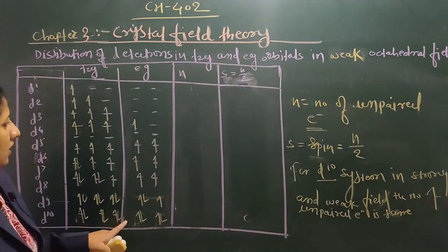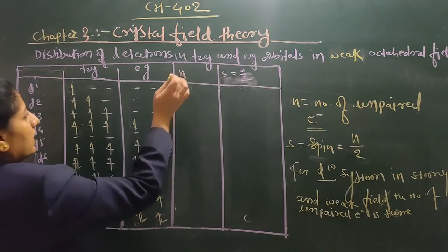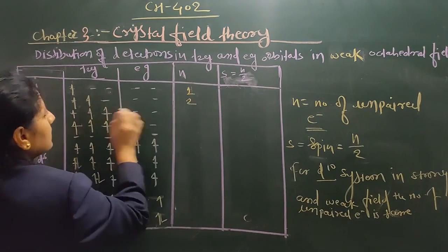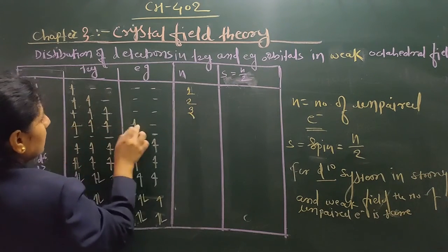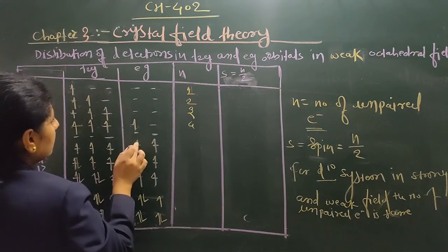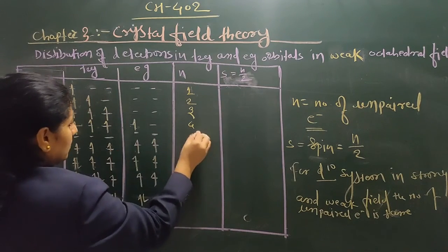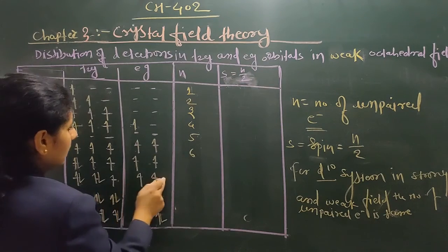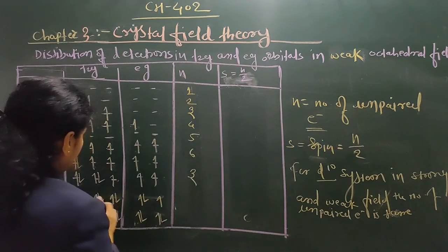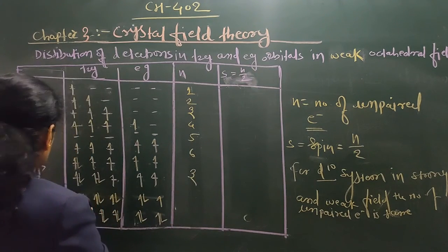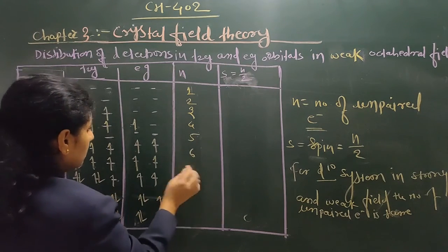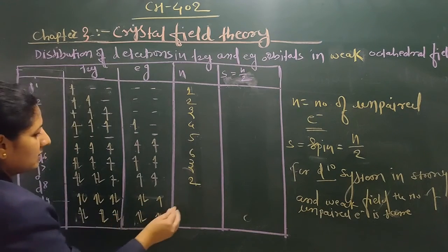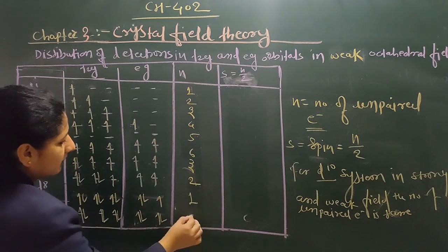So now what about the number of unpaired electrons? Here 1 unpaired electron, here 2, here 3, here 4, here 5, here 6 unpaired electrons, here 3 unpaired electrons for the D7 system, and for the D8 system it will be 2 unpaired electrons. For the D9 system there will be only 1 unpaired electron, and for D10 there will be 0.